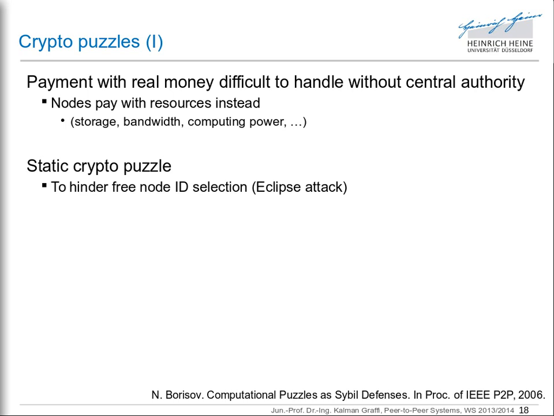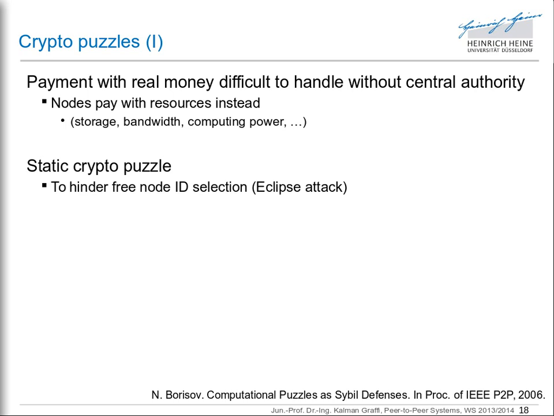So with their storage, bandwidth, and computing power. For example, the generation of a node ID can take 3 minutes, so fatal Sybil attacks are practically impossible.